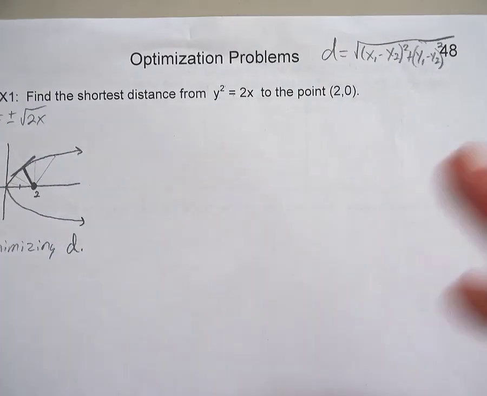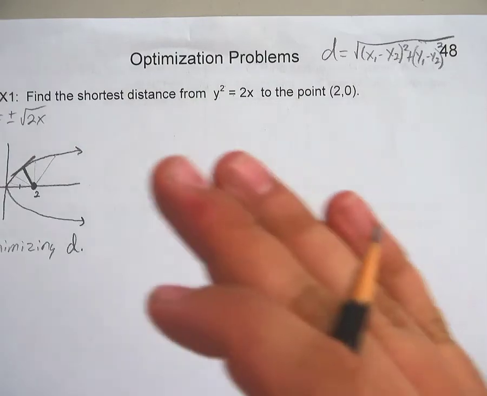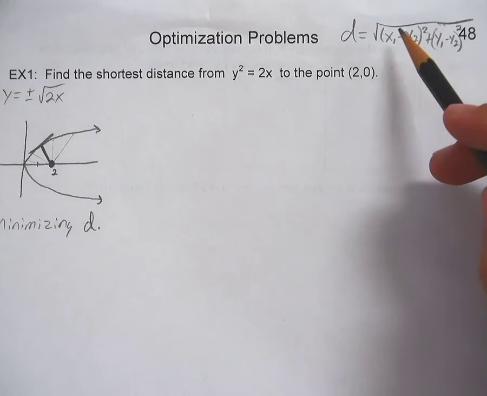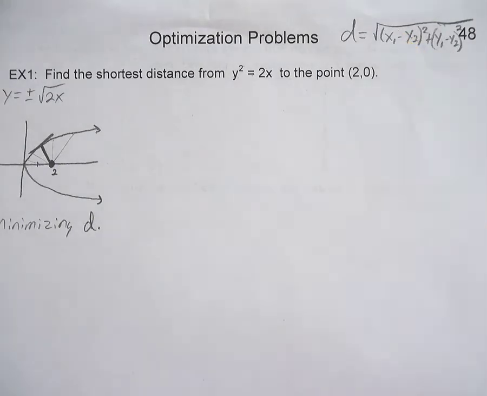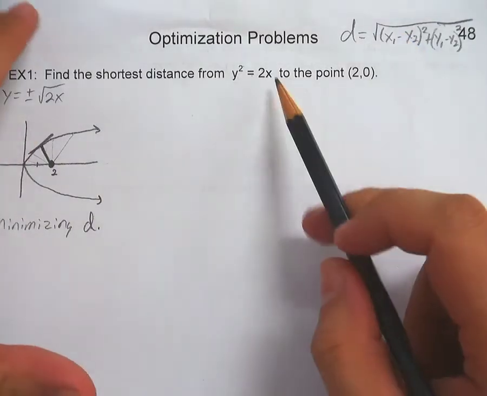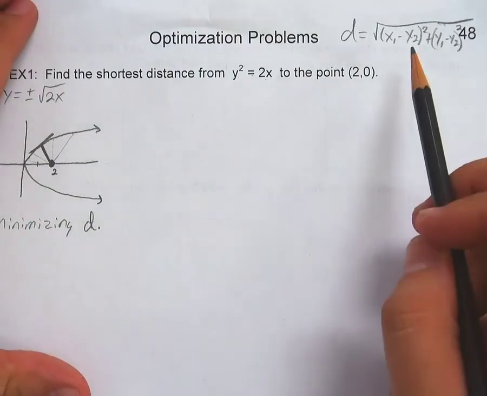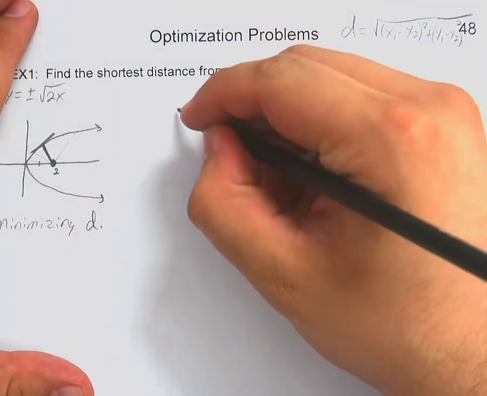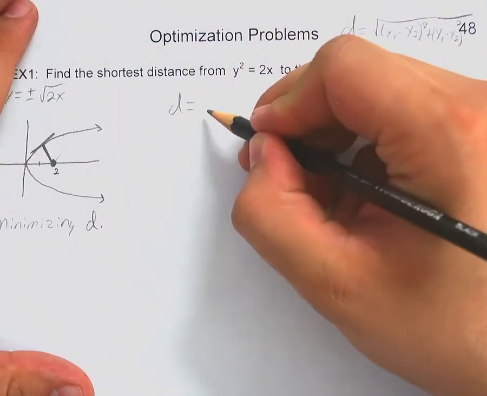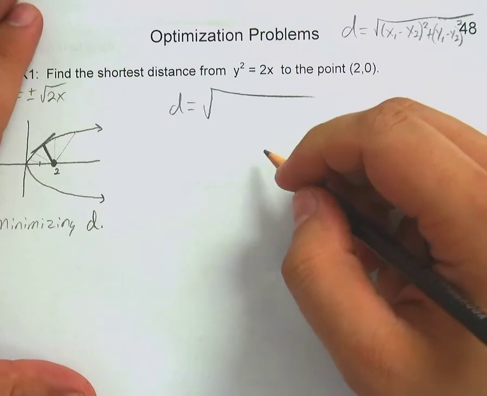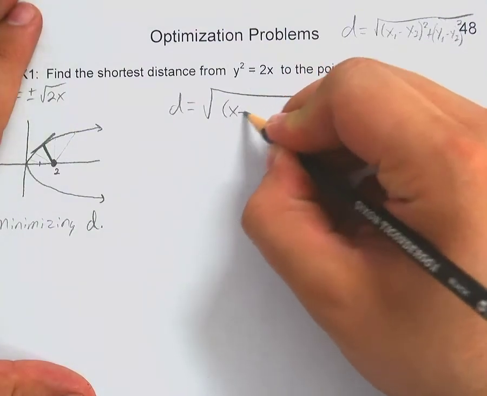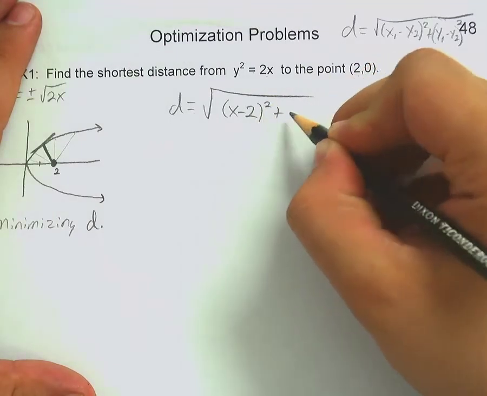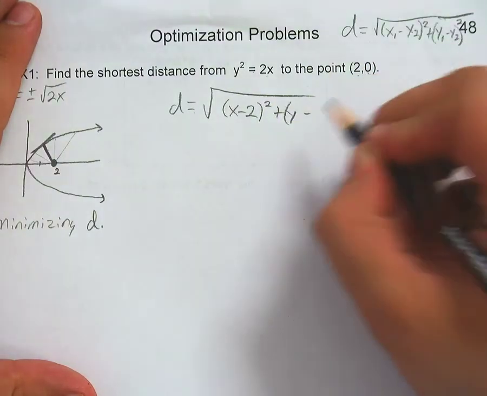We're going to use this and come up with a value. The only difference now is I need this to be x and this to be y. What I'm trying to do is equate these two values into this function with these two values. Let me show you what it's going to look like. D is equal to the square root of x minus 2, x minus this point, plus y minus this point.